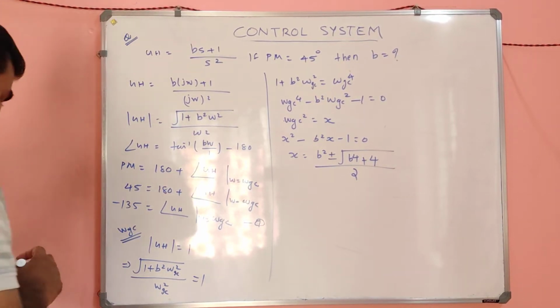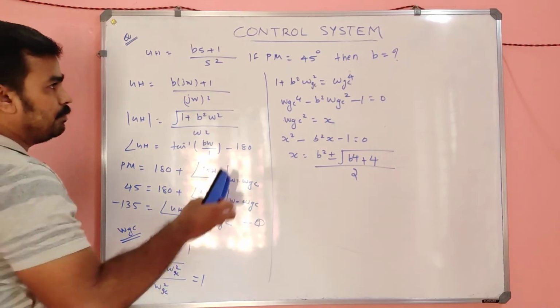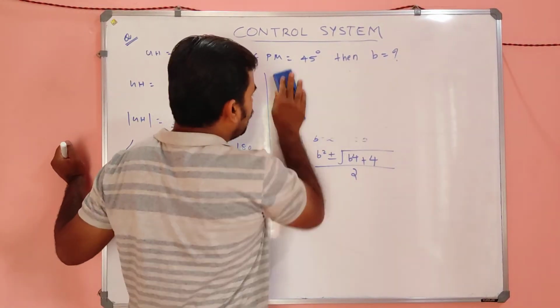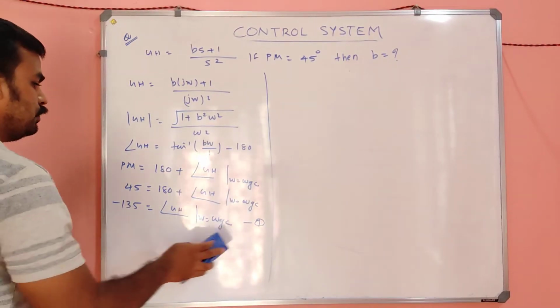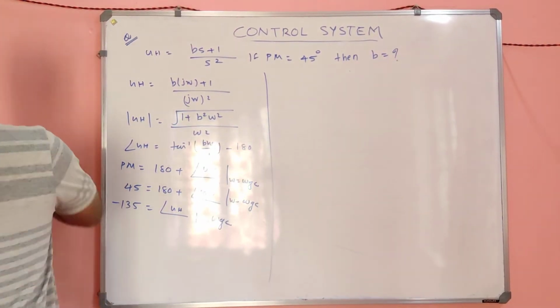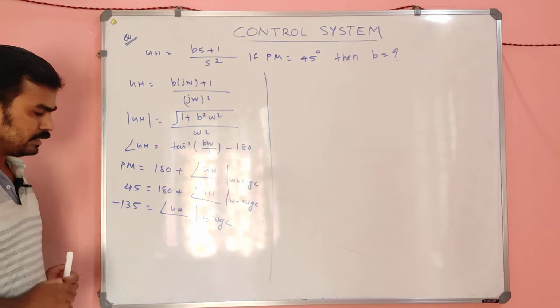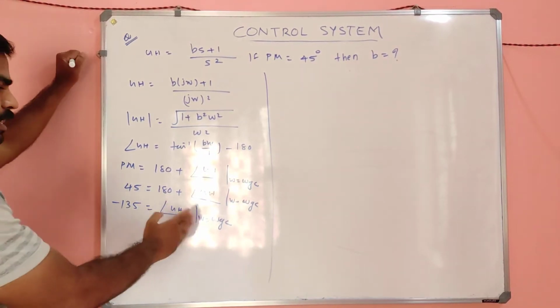There is another easy method, right? It will just complicate it again. Just listen, my dear. Up to this, is it clear? Minus 135 is equal to angle of GH at omega equal to omega GC.